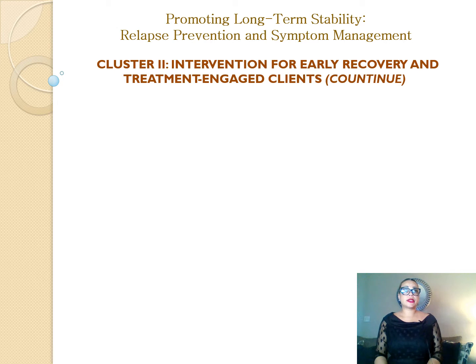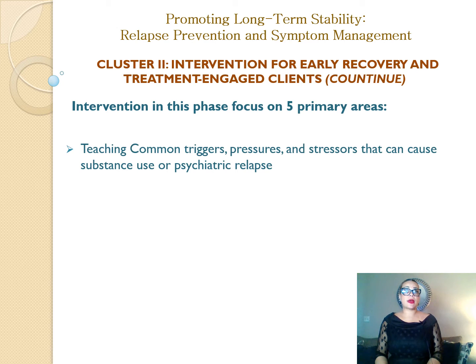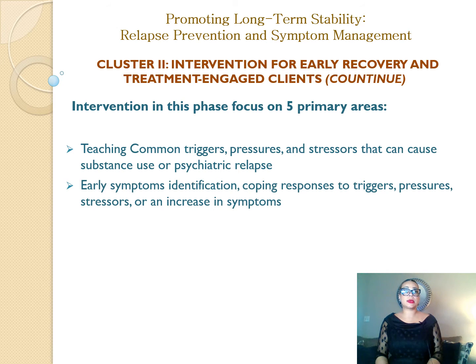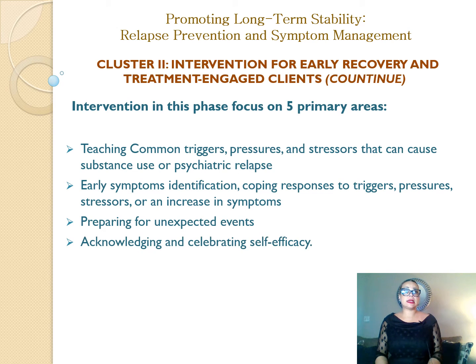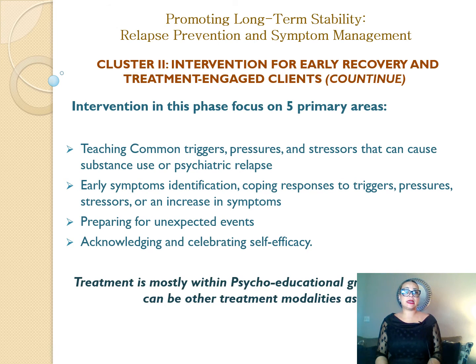In the third cluster, the intervention in this phase focuses on 5 primary areas: teaching common triggers, pressures, and stressors that can cause substance use or psychiatric relapse, early symptoms identification, coping responses to triggers, pressures, stressors, or an increase in symptoms, preparing for unexpected events, and acknowledging and celebrating self-efficacy.